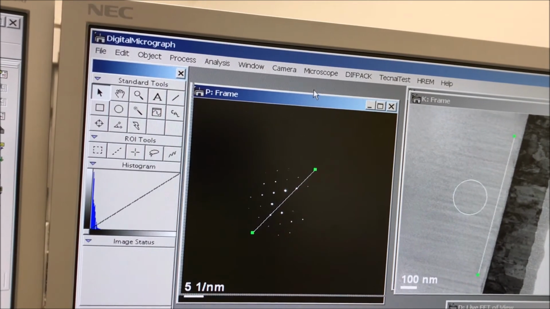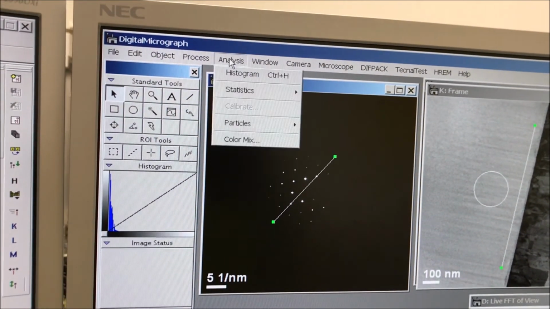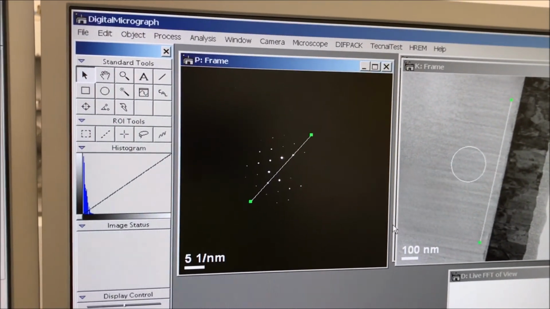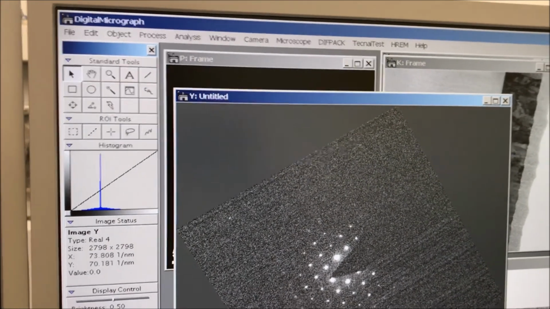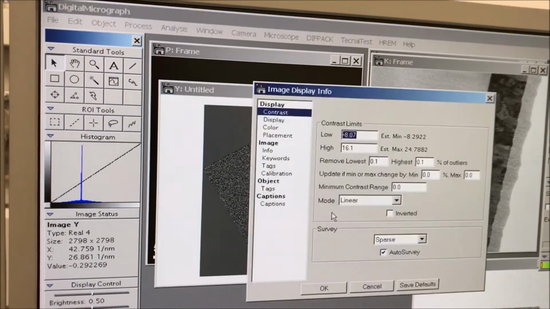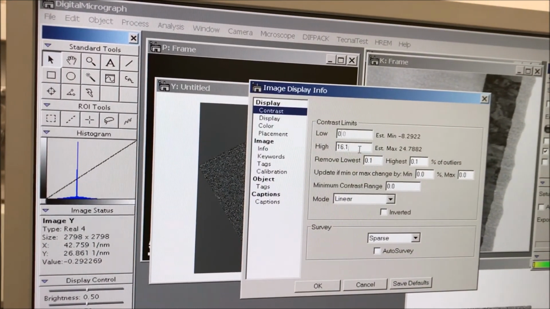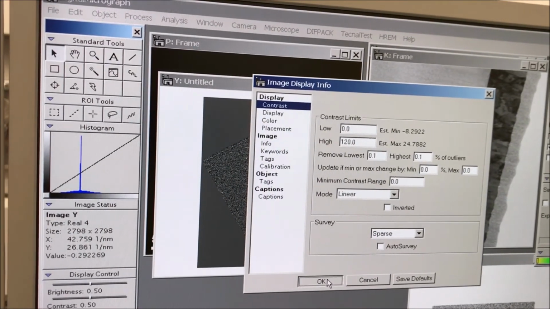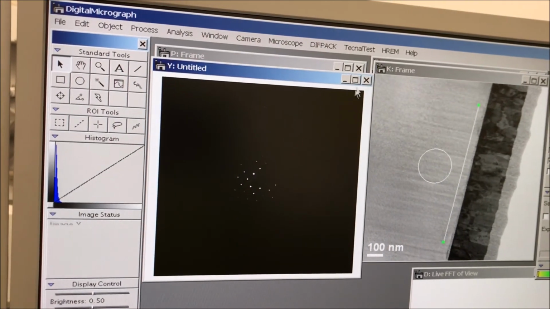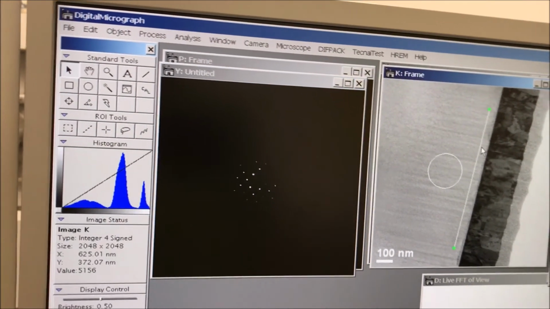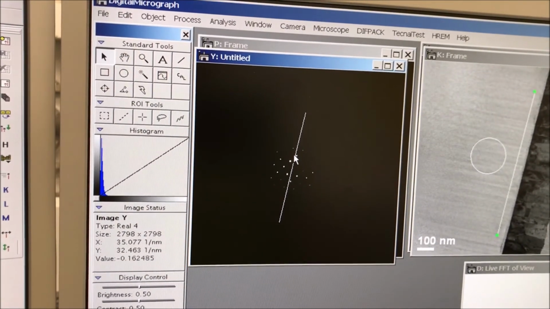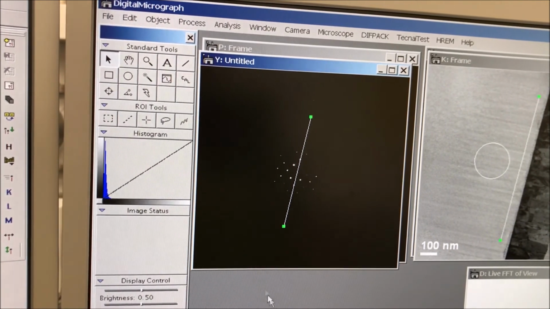And then same thing here for the shorter camera lengths. Except I know for the shorter lengths, I have to go 30 counterclockwise. Again, I can make a digital adjustment here. Go ahead and copy over that line from the image. And there we go.